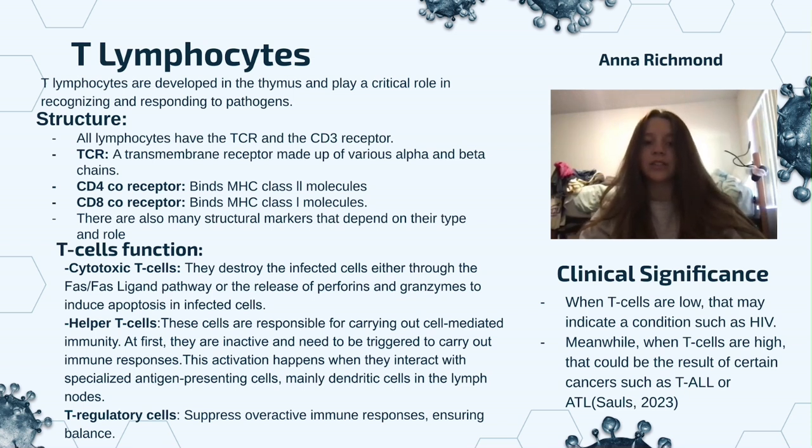This activation happens when they interact with specialized antigen-presenting cells, mainly dendritic cells in the lymph nodes. Lastly, T regulatory cells suppress overactive immune responses, ensuring balance. For the clinical significance, when T cells are low, that may indicate a condition like HIV. Meanwhile, when T cells are high, that could be the result of certain cancers such as T-ALL or ATL.